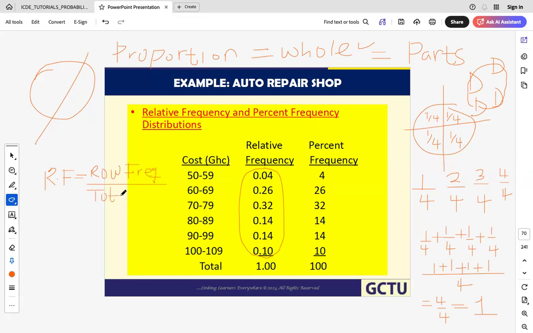That's the 1 out of 4 thing I wanted to explain. The 1, 1, 1, 1 you are seeing on the top are the row frequencies, and the 4, 4, 4, 4 down here is the total frequency.